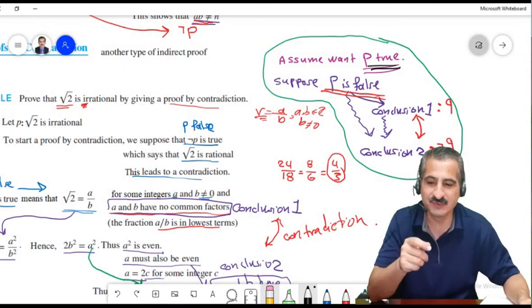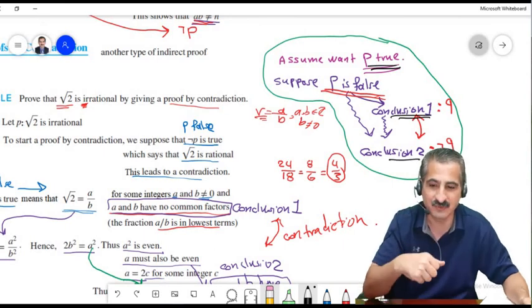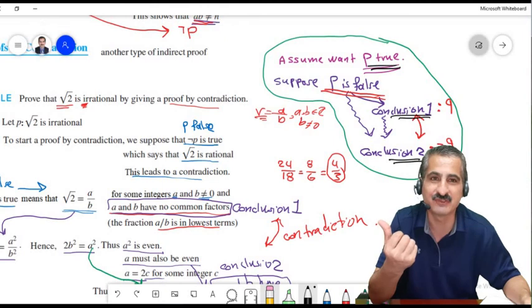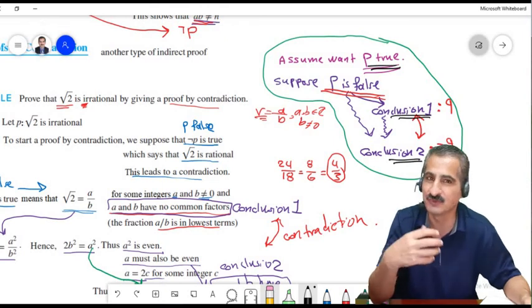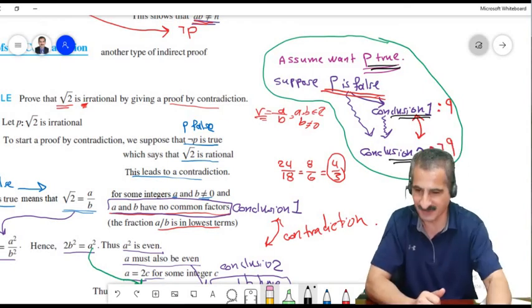We use that to get some conclusion 1. Use that conclusion along with the false statement to get conclusion 2, which contradicts the first conclusion, and then something wrong happened. What caused that contradiction to happen? The original assumption of the falseness of the statement. So we were not supposed to assume that falseness. So that statement must be correct.